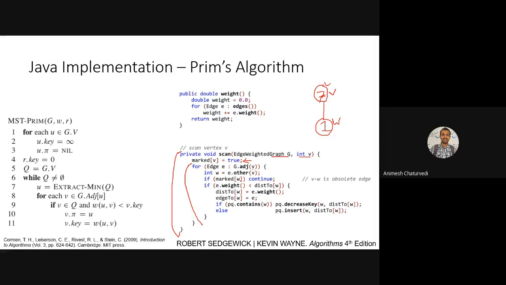If it has been marked as true, then for that edge, it will execute for this 7 for all the possible edges being explored. If W was marked as true, it means it is already visited. So this continue statement will bring it back to the for loop. Then this would not be executed. Then there will be another way round.